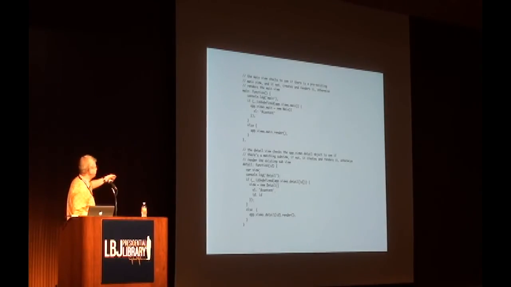If it already does, so essentially we're going back from a detail to the main view, then we're just going to tell it, hey main, render yourself. And we'll talk about what these views are in a moment. Detail is the same basic thing. Obviously, there's an easy refinement that I could do to this and reduce the amount of code here to handle both cases.